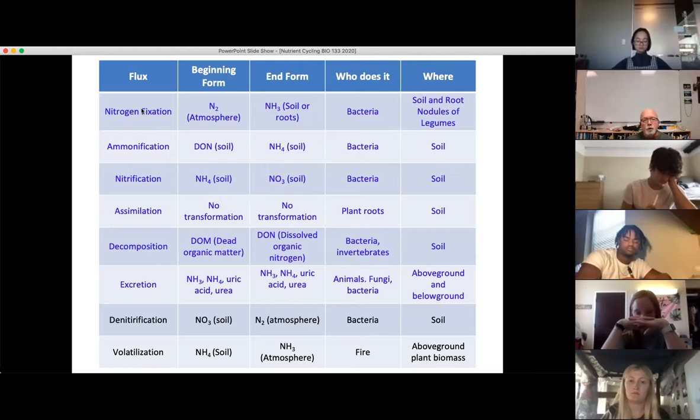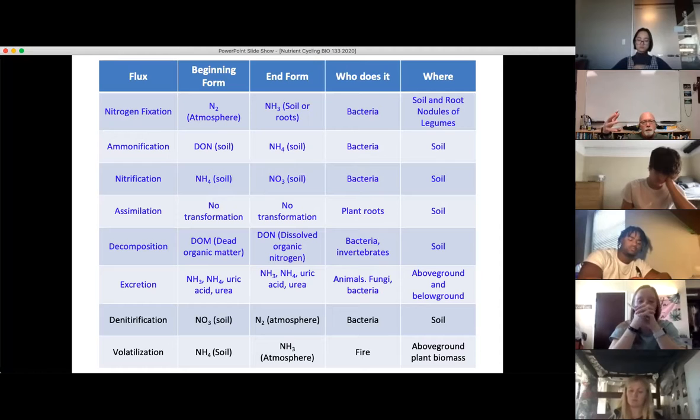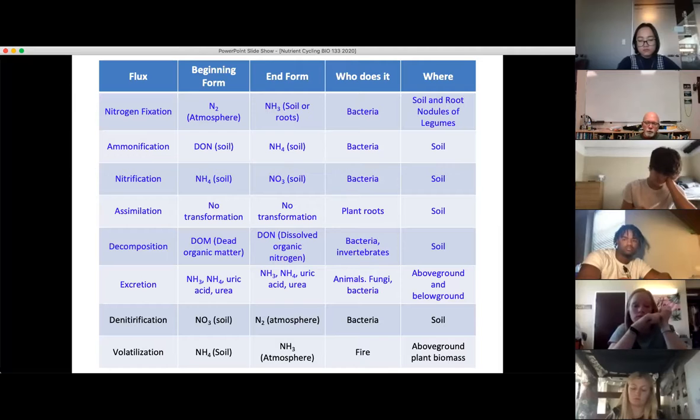If you look in the notes on this particular slide, there's a description as to why these things are colored different colors. So all of the fluxes that are in blue involve either bringing nitrogen into the terrestrial ecosystem from the atmosphere, or they're all fluxes that involve what we call intrasystem cycling around inside the terrestrial ecosystem.